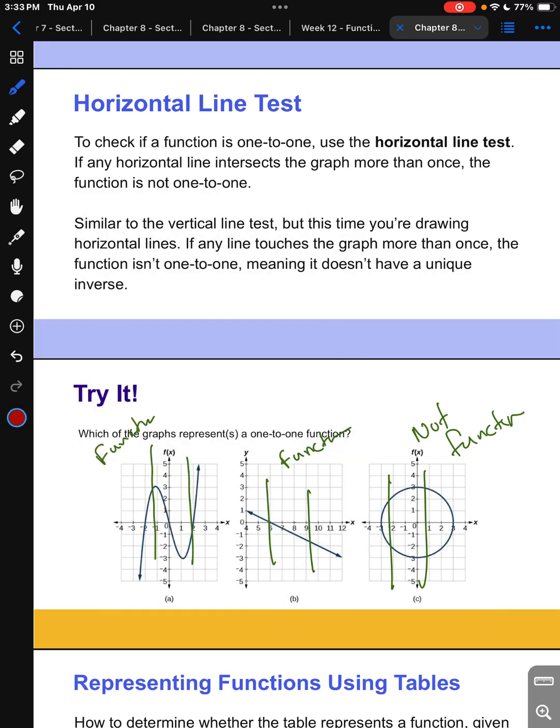If we do horizontal line tests, there's here and here, here and here, three times. So this one would not be one-to-one, but for this one, the horizontal line test only passes through it once, so it would be one-to-one.